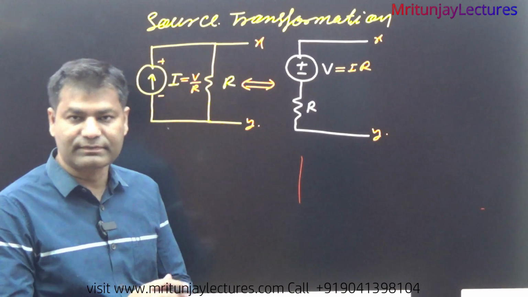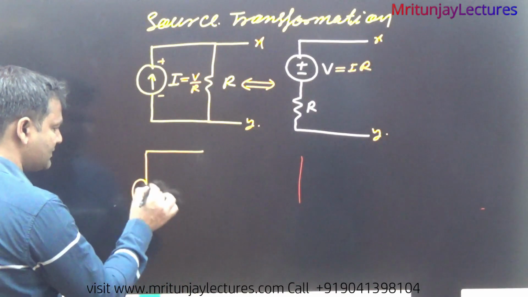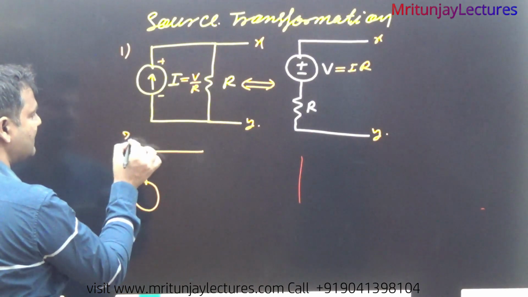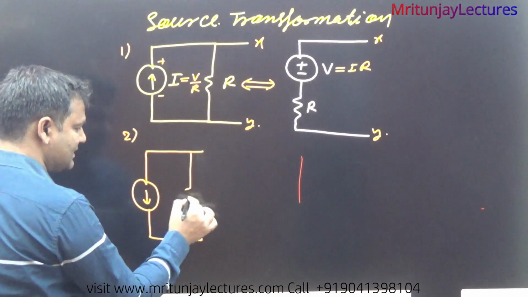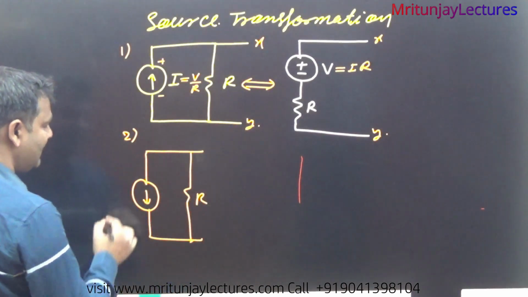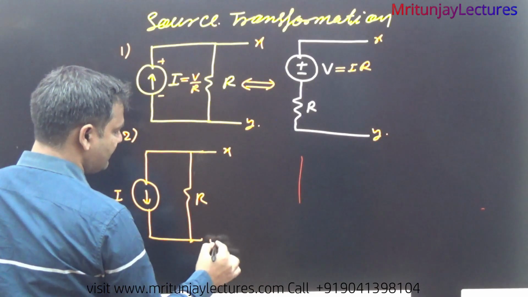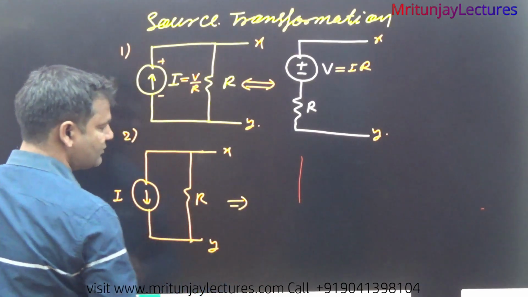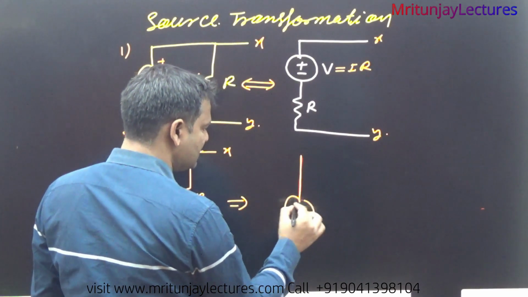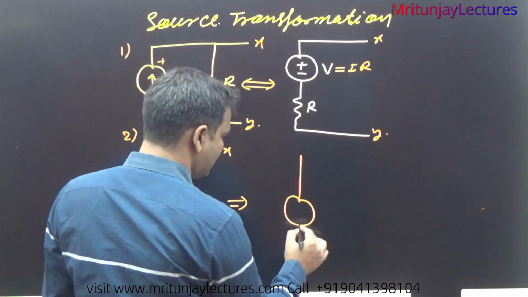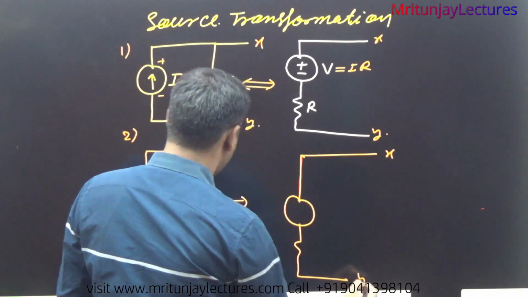Now suppose a current source is given, case first and now case second. The current direction is like that and the resistance is like that, R, and here the current source. Then how can we convert it into a voltage source? First of all, make a voltage source and connect the resistance like that, with X here and Y here.